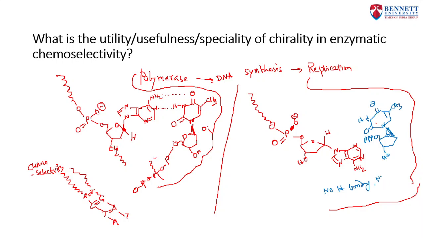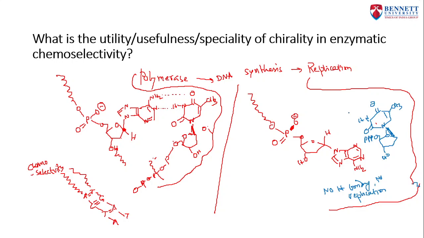and no replication. Because enzymes have a defined 3D arrangement, their chirality is fixed. The dTTP also has a defined 3D arrangement, so it is also fixed. So just changing this will completely shut down the replication process.